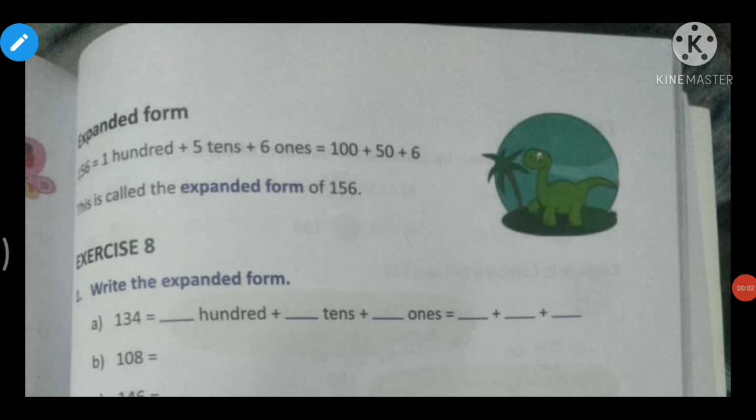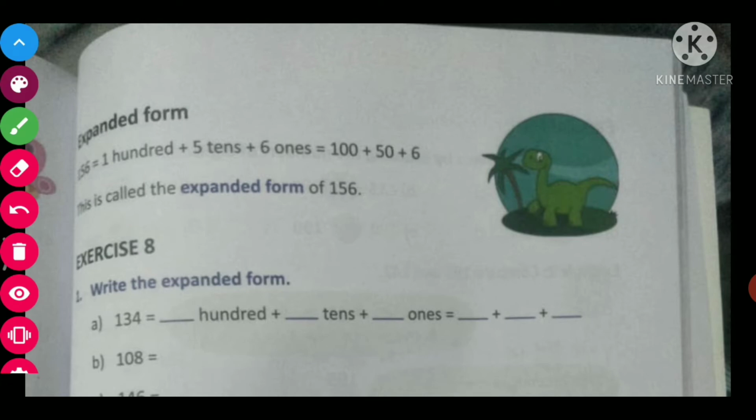My dear students, now see in your book, page 149, there you will see one example of expanded form.